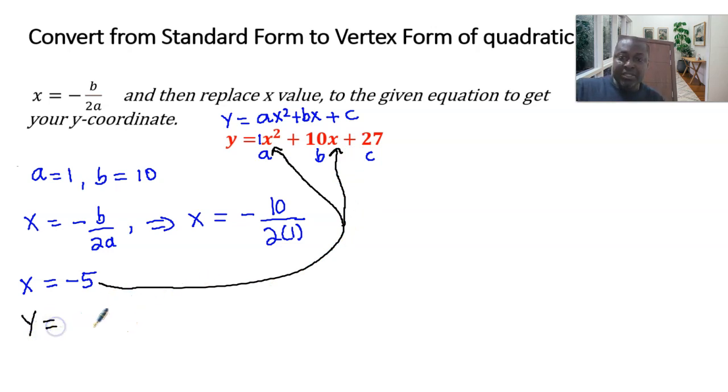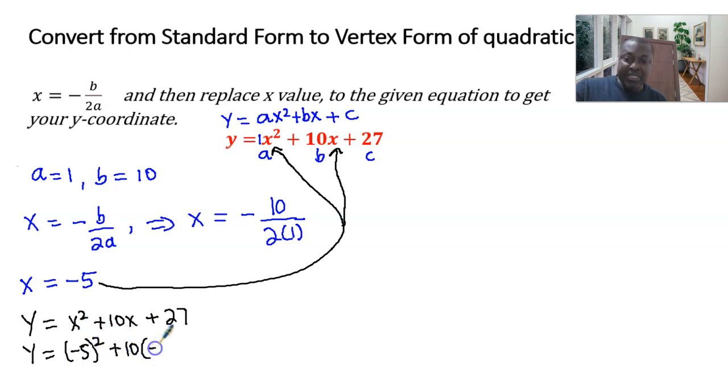So y equals x squared plus 10x plus 27. This one was given. So now for us to get our y component, anywhere we see x, we put negative 5. So negative 5 all squared plus 10 times negative 5 plus 27.